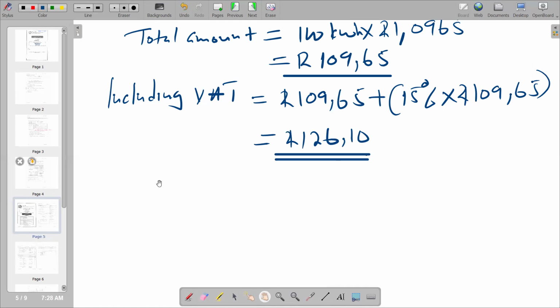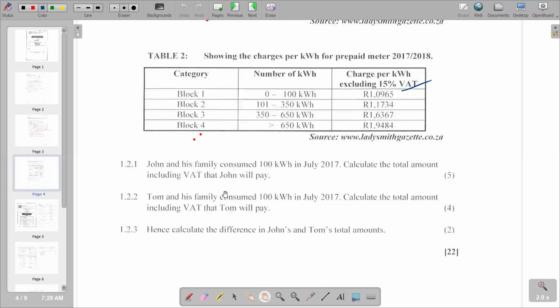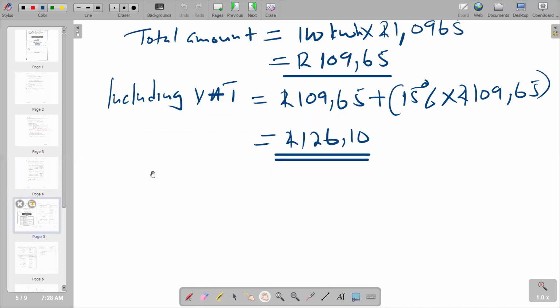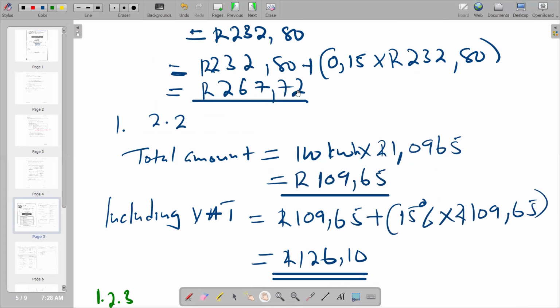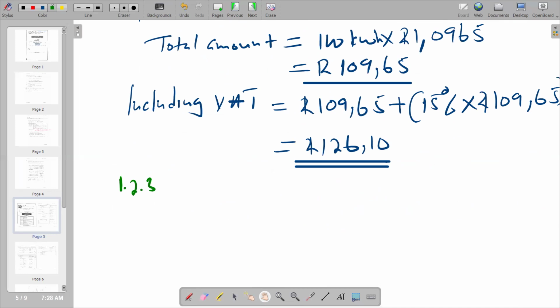Then moving on to the next question. Let's calculate the difference in John's and Tom's total amounts. So very simple. 1.2.3, we are saying the greater amount is 267.72, and the other is 126 rands 10 cents.